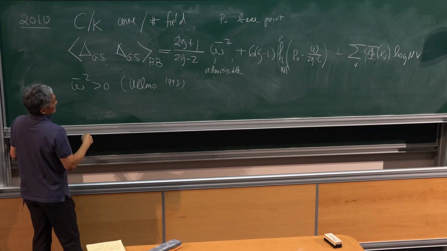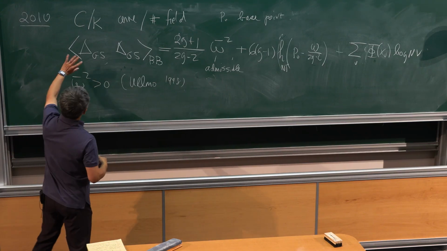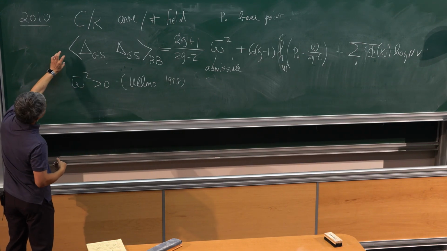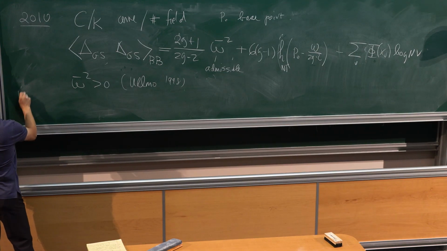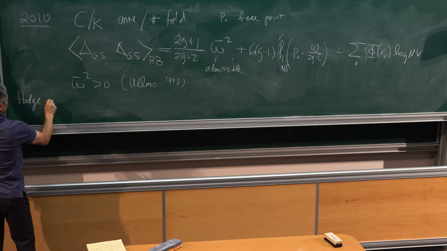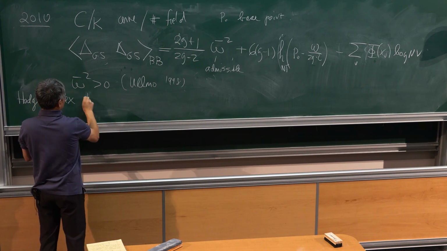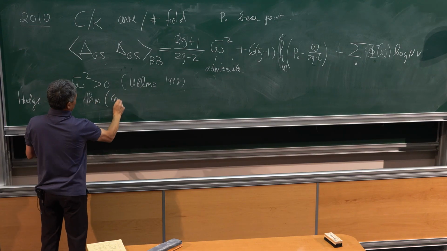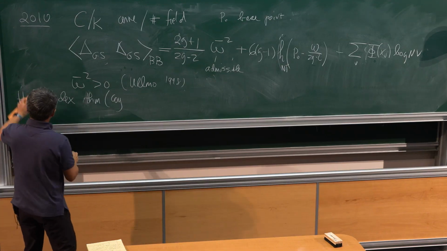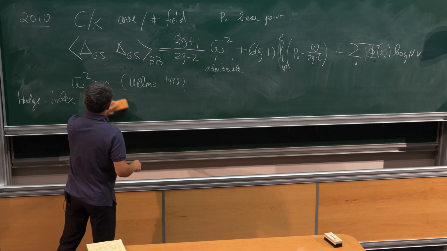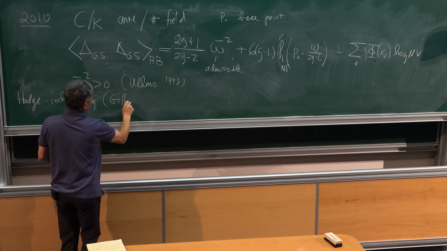Then, somehow, if we assume the Riemann-Hodge type conjecture, there is a conjecture called the Hodge index conjecture by Gillet-Soulé.